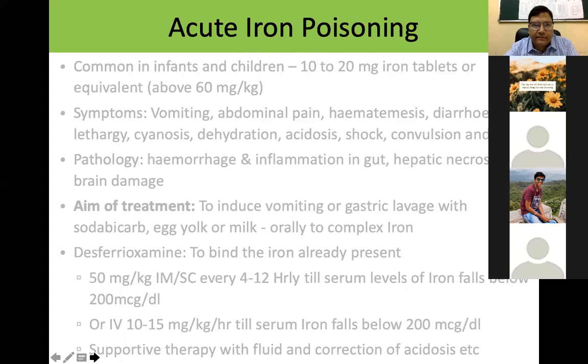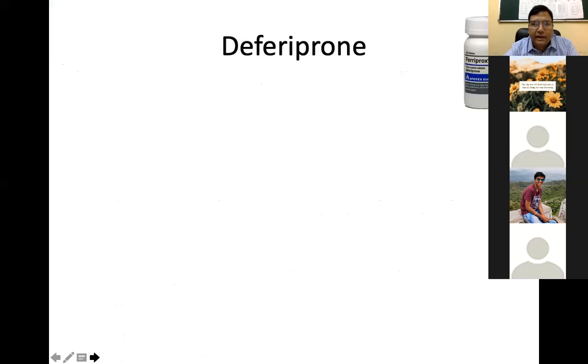Correction of acidosis is also to be done in such patients. Coming to another chelating agent, deferiprone. The common drawback with desferrioxamine was that it had to be administered systemically, but deferiprone is an orally active iron chelating agent.